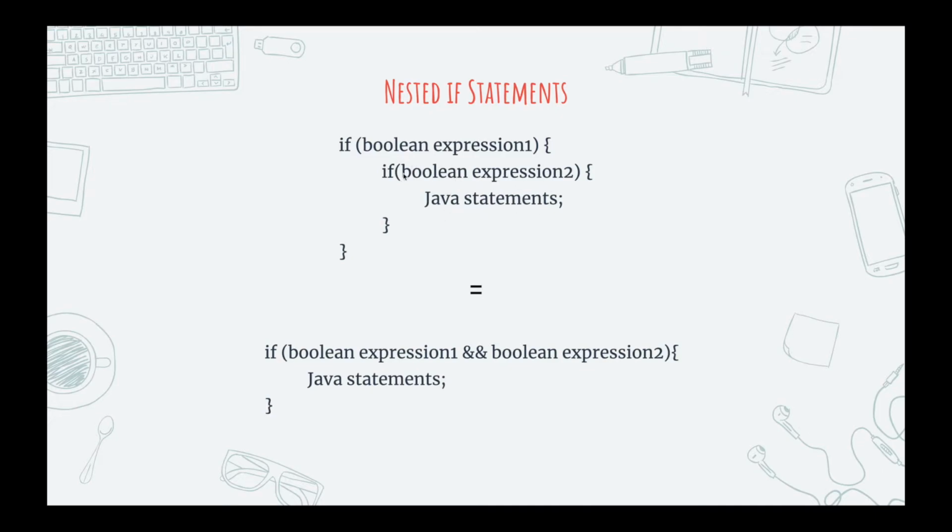But if this evaluates to false, even if this is true, then it would not execute these Java statements. It's kind of like rewriting our if statement like this: Boolean expression 1 and Boolean expression 2. So both of these have to evaluate to true in order for the Java statements to execute.